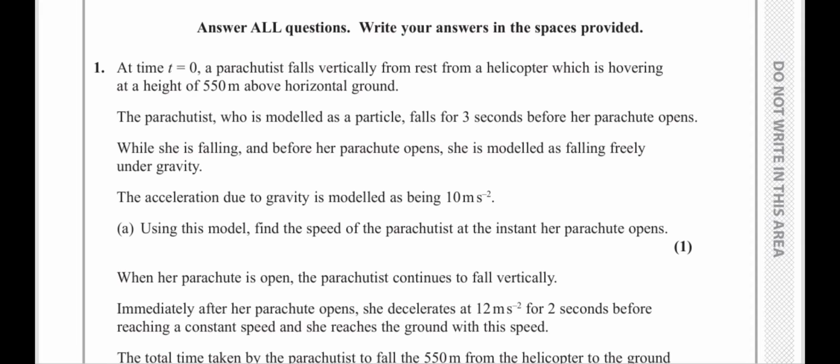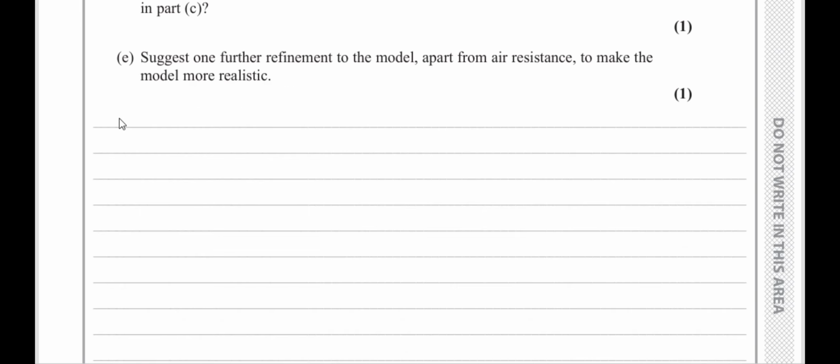So this is a constant acceleration situation, and we know that u equals 0, t is equal to 3 seconds, and acceleration due to gravity is 10 meters per second squared. So let's put down what we know. u is equal to 0 meters per second, time is equal to 3 seconds, acceleration due to gravity is equal to 10 meters per second squared.